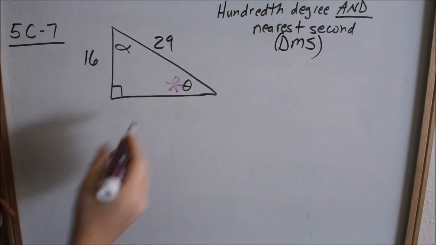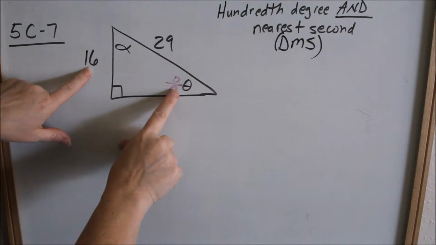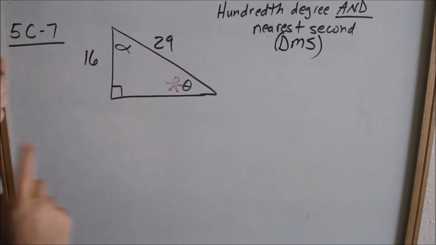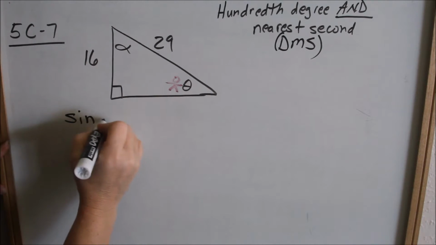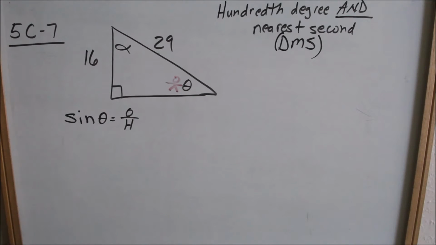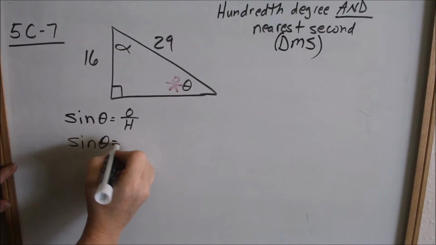So if I'm this little man standing at theta, if I'm standing here, this side would be opposite of me, and this is the hypotenuse. So opposite and hypotenuse. What trig function uses opposite and hypotenuse? That would be sine. Sine theta is opposite over hypotenuse. So let's fill in what we know. We don't know theta, that's what we're trying to find.